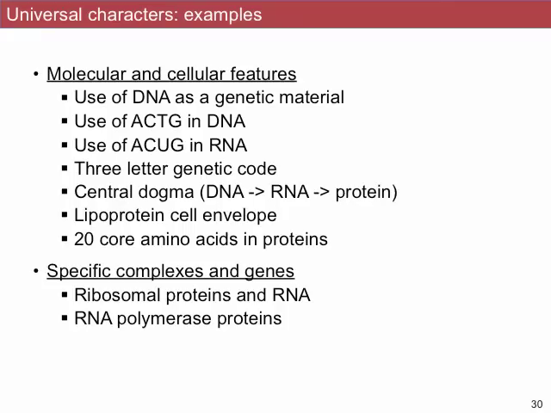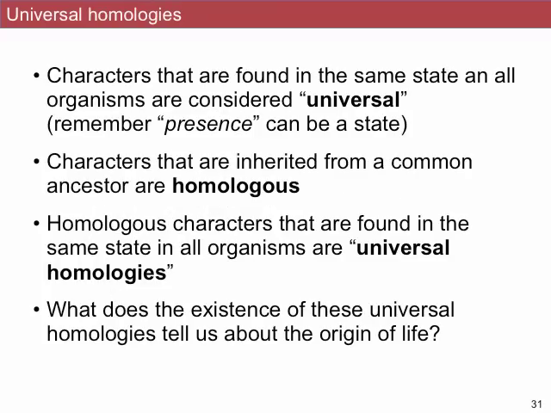So what you have to do is ask, are these features indicative of homology, or are they indicative of convergent evolution? And it's actually not the simplest exercise to figure out in many cases, but what people basically ask is the following. If life evolved separately, what is the probability that it would use DNA as the genetic material? What is the probability that it would use these 4 particular bases, or these 4 particular bases in RNA?